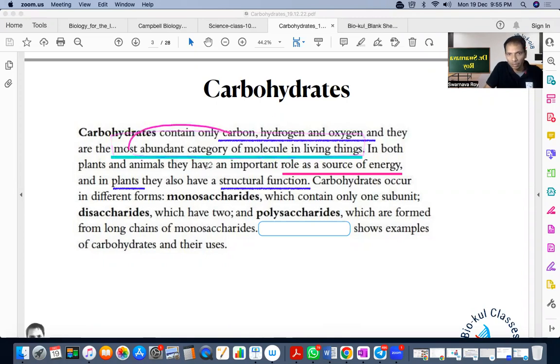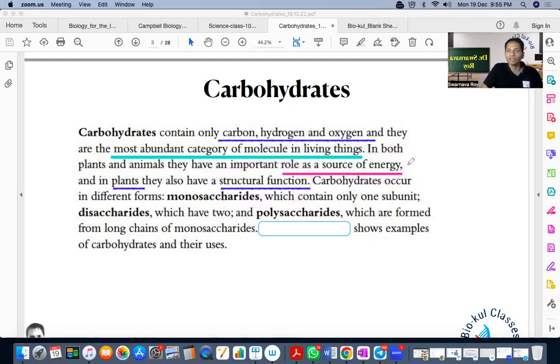In both plants and animals, they have an important role as energy, and in plants, they have a structural role. So, two things, energy and structural function.